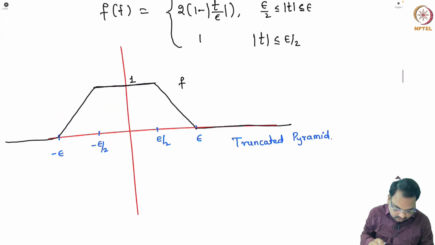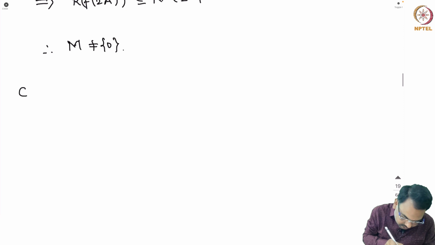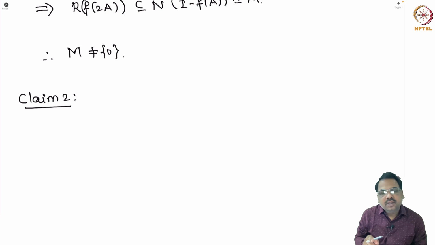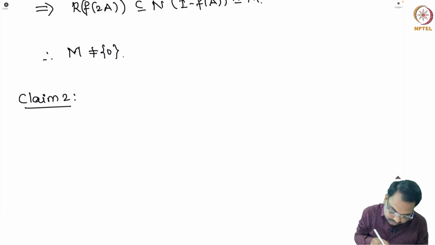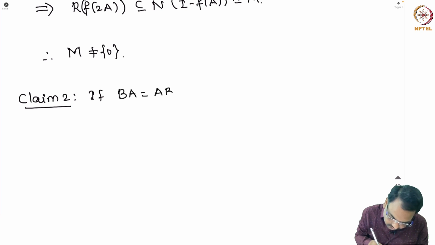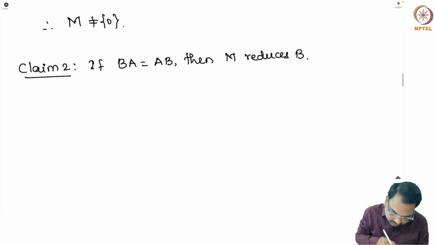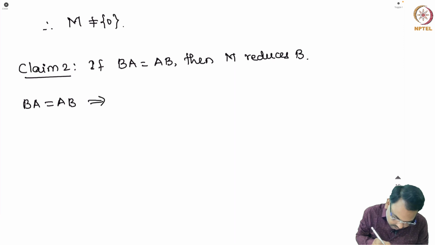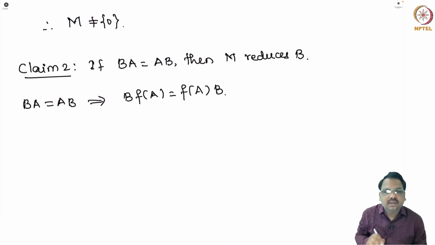Okay. Next, we want to look at the next claim, claim 2: if B is an operator commuting with A, then M reduces B. If BA equal to AB, then M reduces B. So BA equal to AB implies that B into f of A is nothing but f of A into B. This comes from the functional calculus.